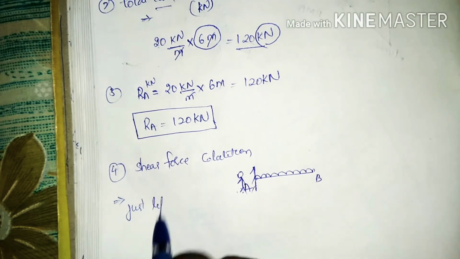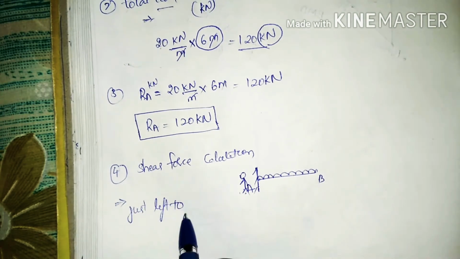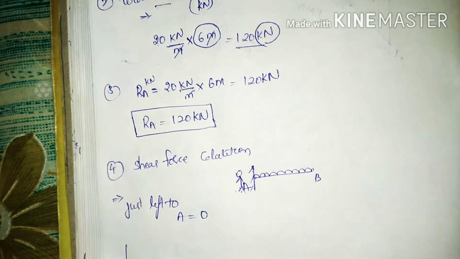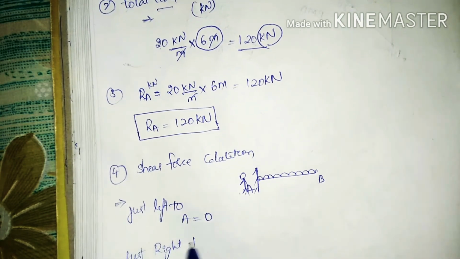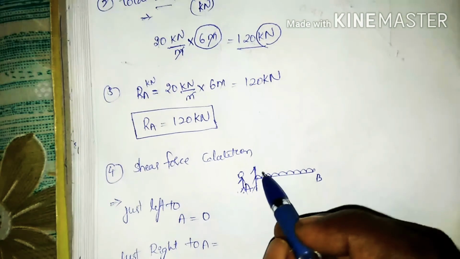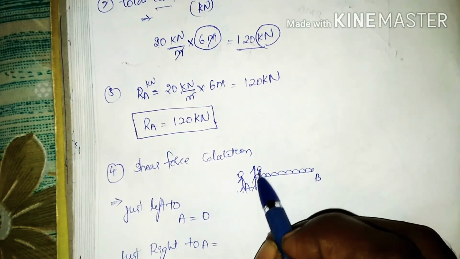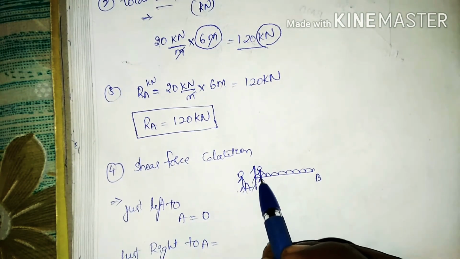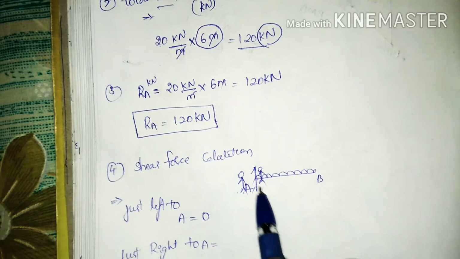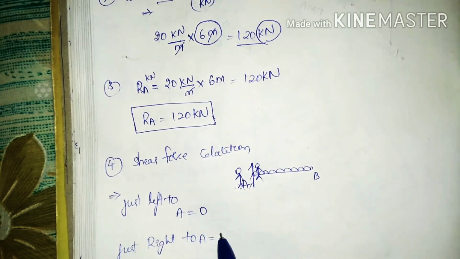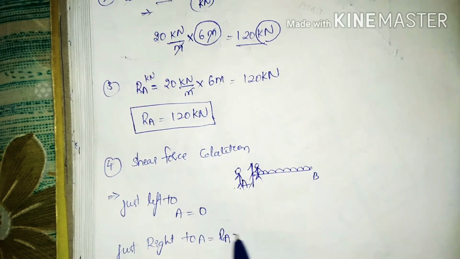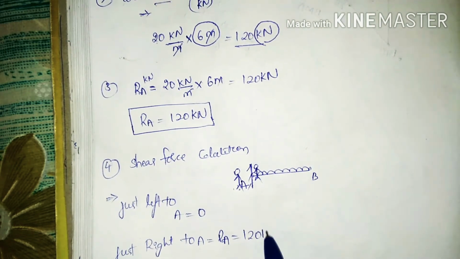Just left of A is equal to 0. Just right of A, I find the RA reaction, which is in the upward direction, equal to 120 kilonewtons.